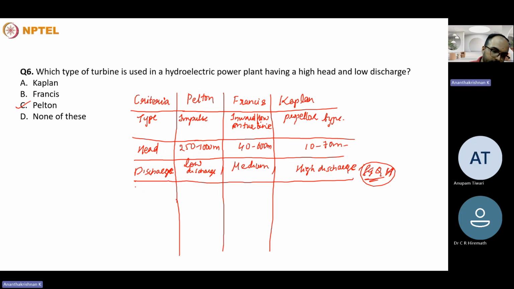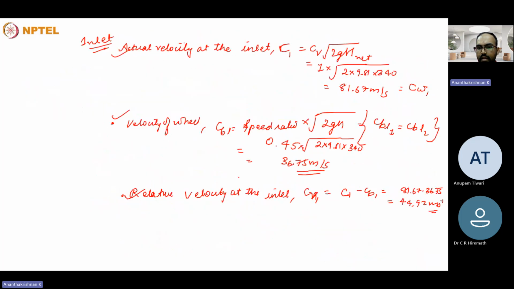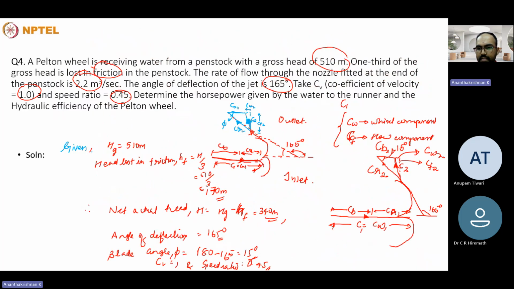Then the other important parameter is the flow direction. Here it's a tangential one. In the first problem, the impulse turbine, this is in a vertical plane, where everything is happening tangential to the radius of the blades, or the center of the blades, basically the hub.